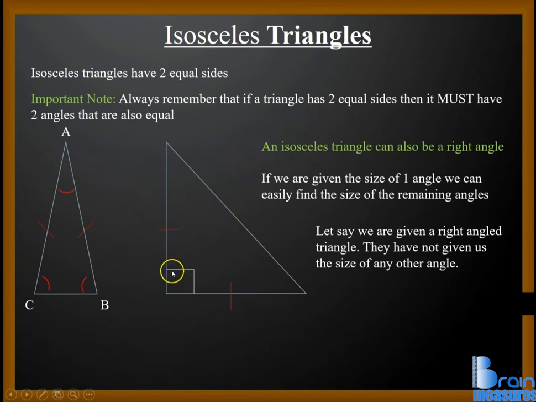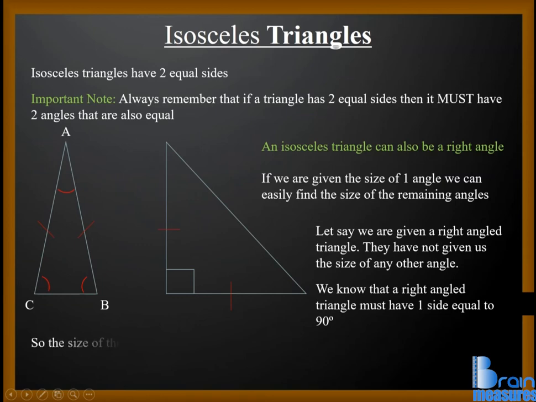We can see, however, that this sign denotes that this angle is equal to 90 degrees. So we can calculate the size of the remaining angles. How do we do this? Well, we know that this is 90 and the three angles are going to total 180. So 180 minus 90 will give us 90 degrees.